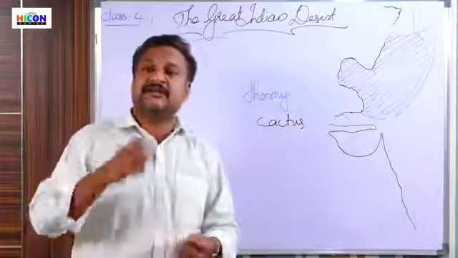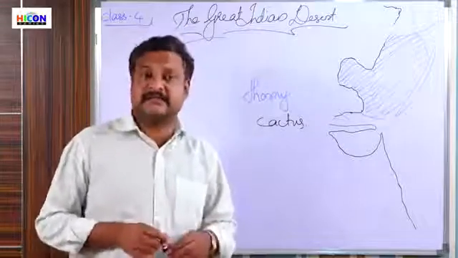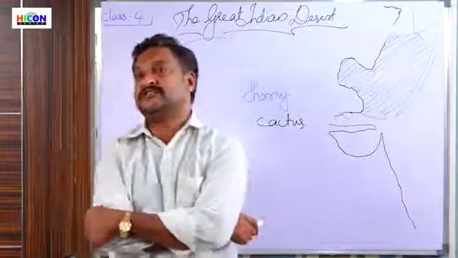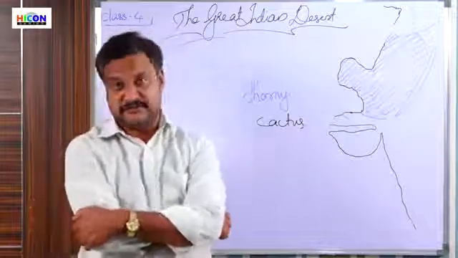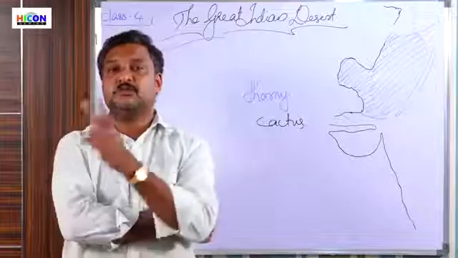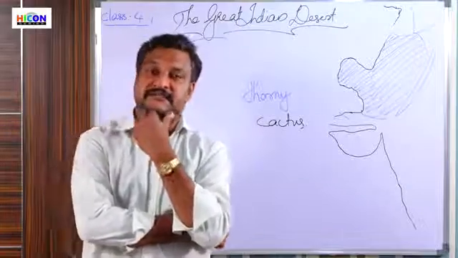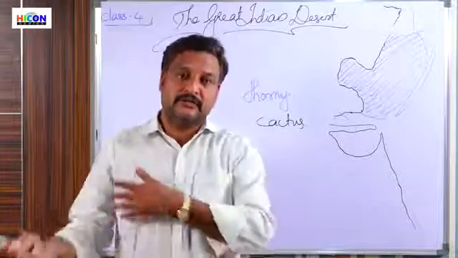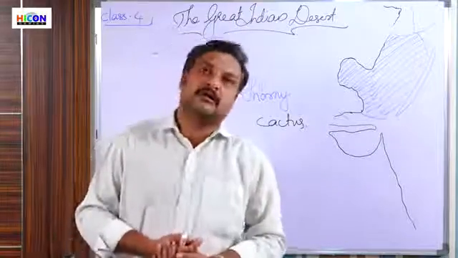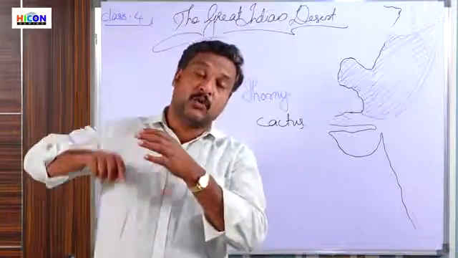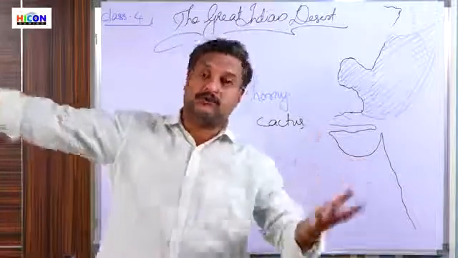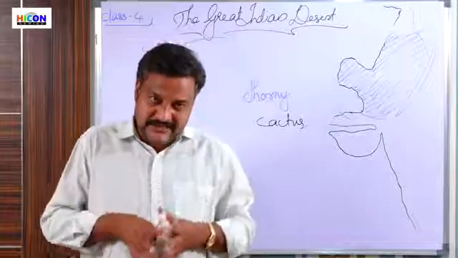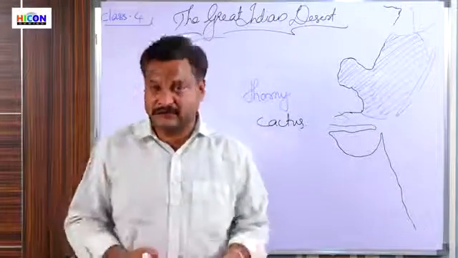There are two specialities that make cactus an ideal plant which can grow in desert and dry regions. One, its roots can go very deep and far in search of water.